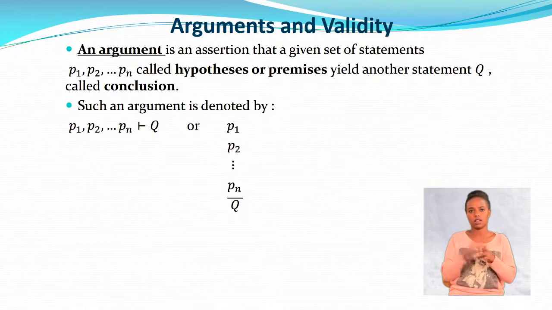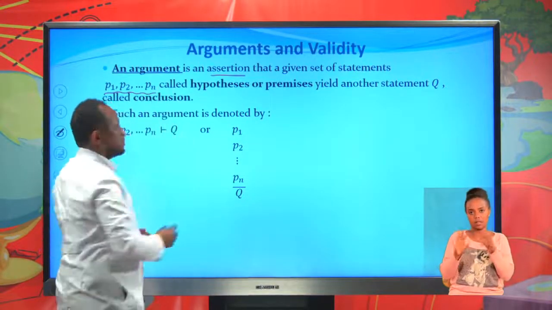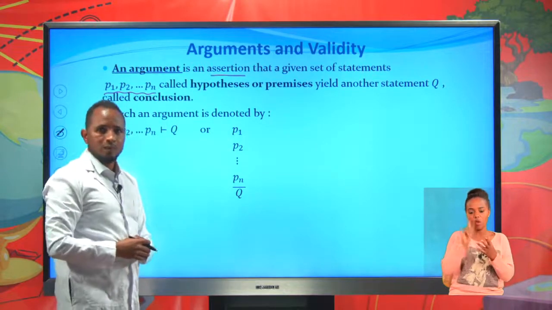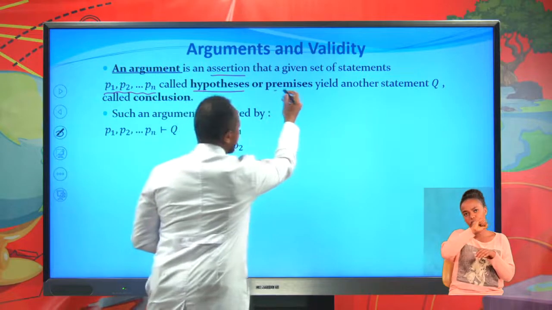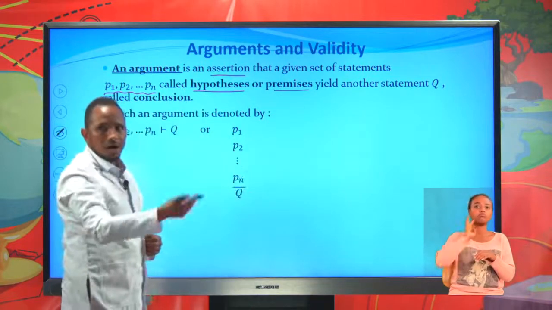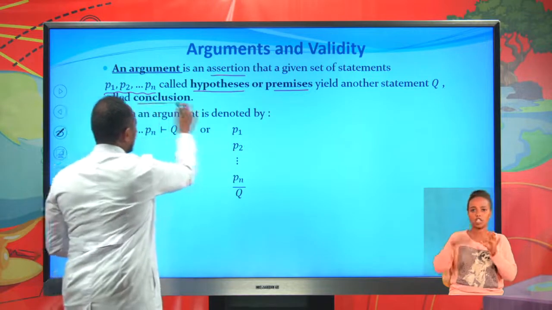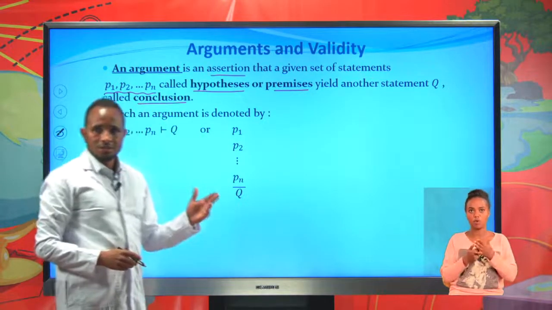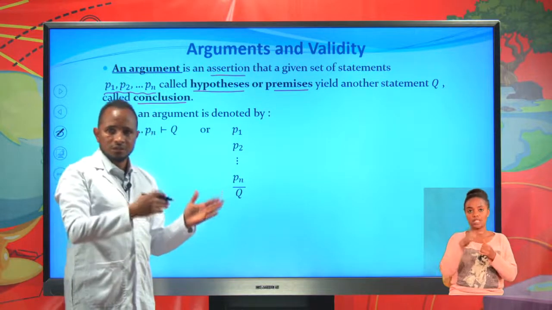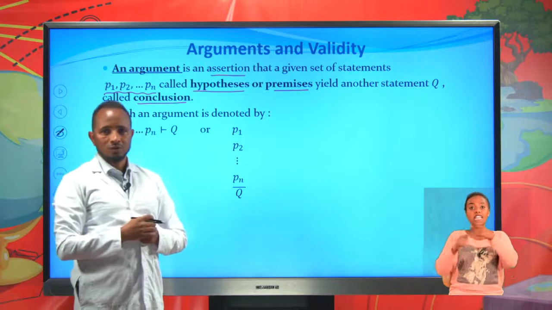An argument is an assertion that a given set of statements, P1, P2 up to Pn, which we call the hypothesis or premises, yield another statement Q, which we call the conclusion.